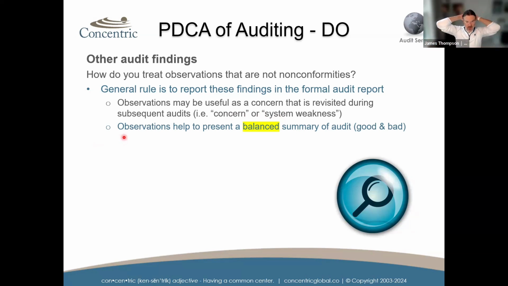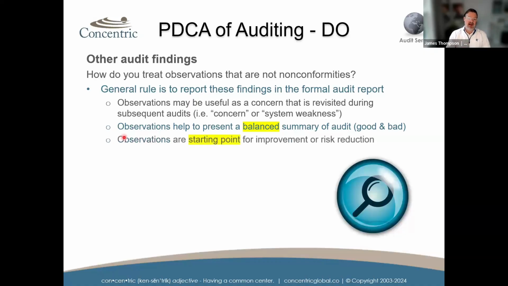So think about your observations as kind of the umbrella word for everything that you've collected. It's the bundle of findings, and then you classify those. Observations are a starting point for improvement or risk reduction. And keep in mind, this is where I think a lot of people miss the mark.